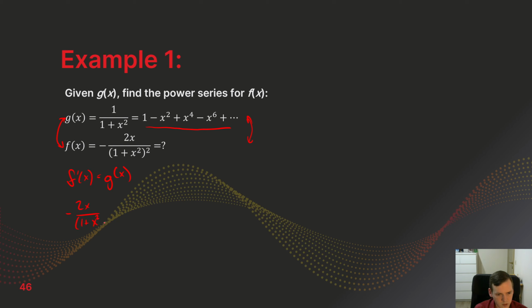If I say u is equal to 1 plus x squared, du dx is equal to 2x. Oh, I don't need to use u substitution because I'm taking derivatives. Sorry, this is happening a bit late, and I'm just getting a little turned around here.